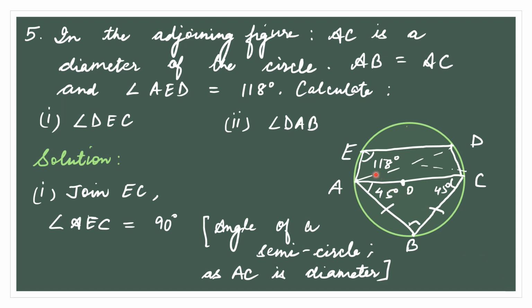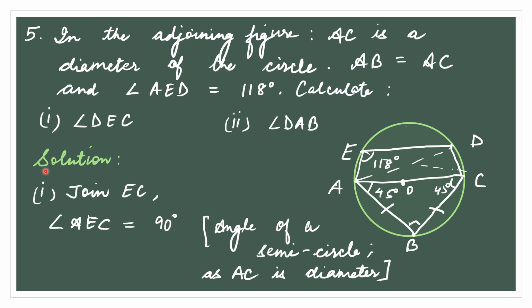So here it is 28 degree again because this DEC and DAC, they are angles in the same segment. So this is also 28 degree, and 28 plus 45. What is 28 plus 45? That is 73 degree, right? So angle DAB will be equal to 73 degree.